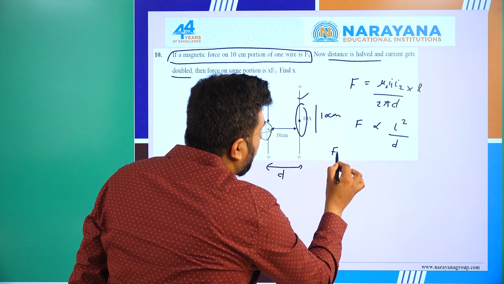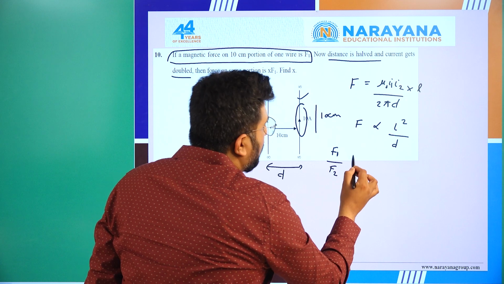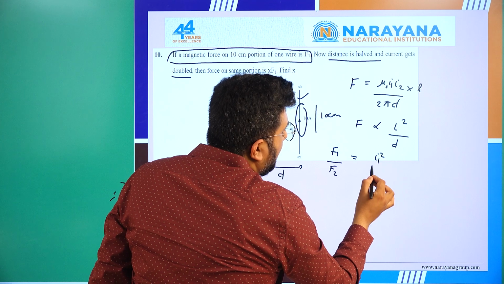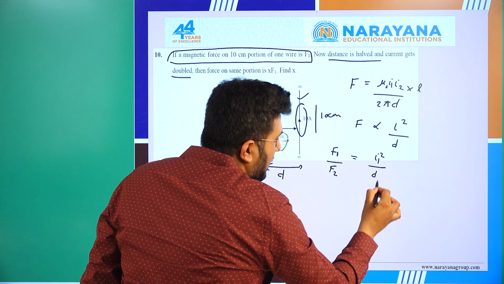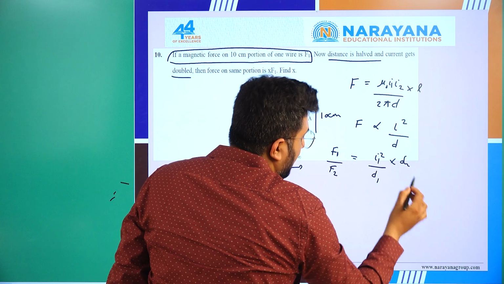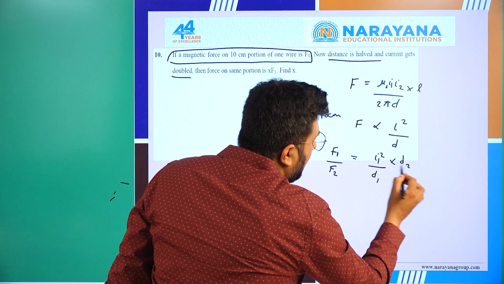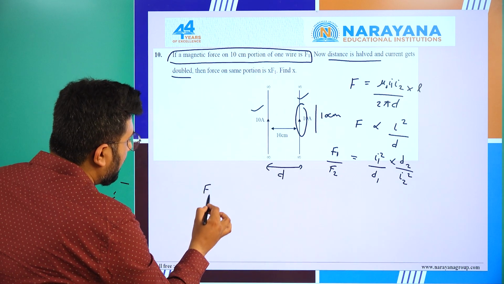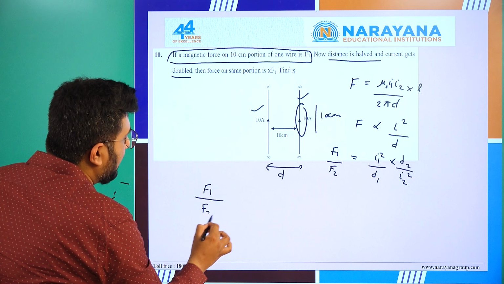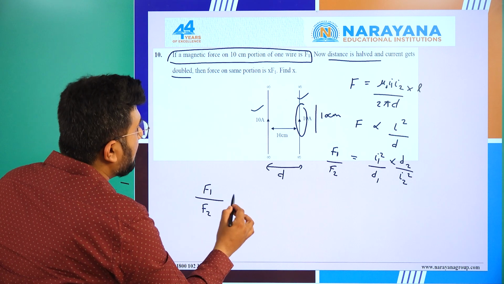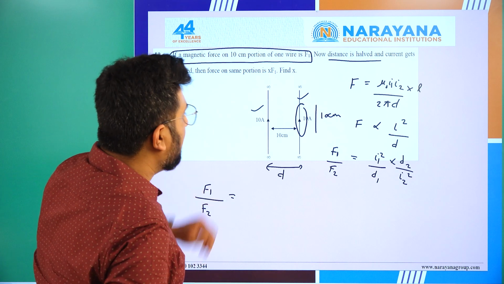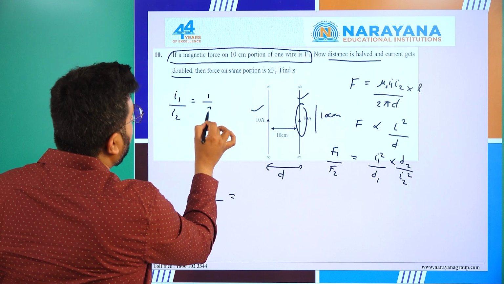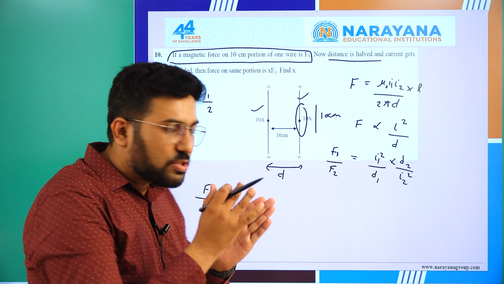That means F1 by F2 should be equal to I1 square by d1 into d2 by I2 square. I need to find F1 by F2. Now they have doubled the current, so I1 by I2 is half, and they have reduced the distance to half.